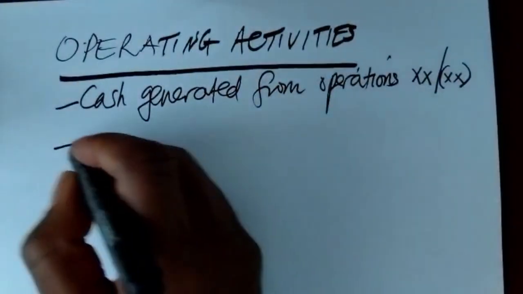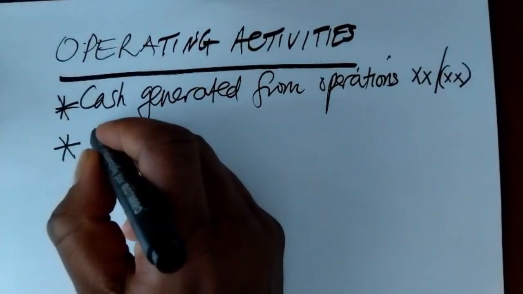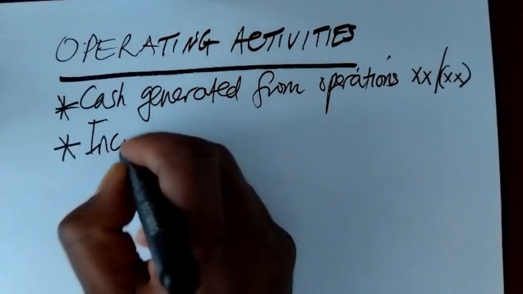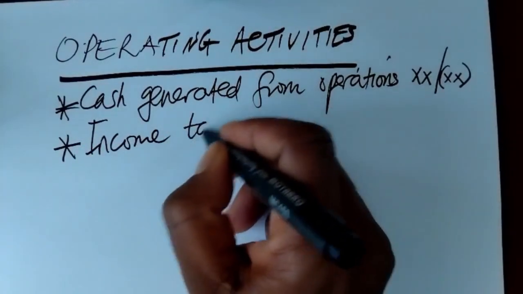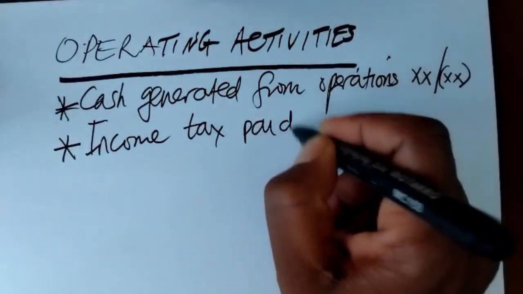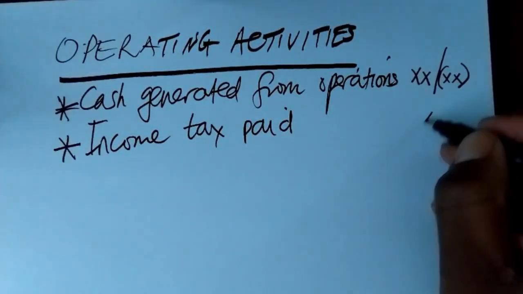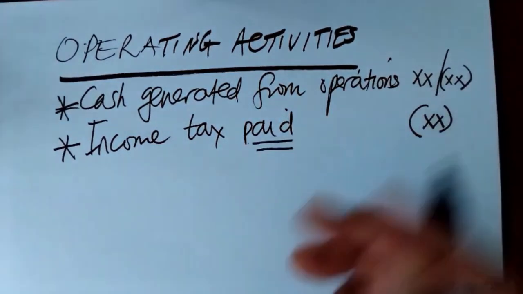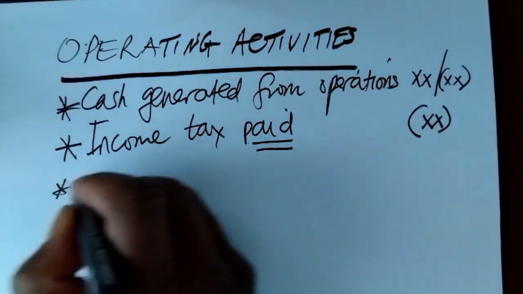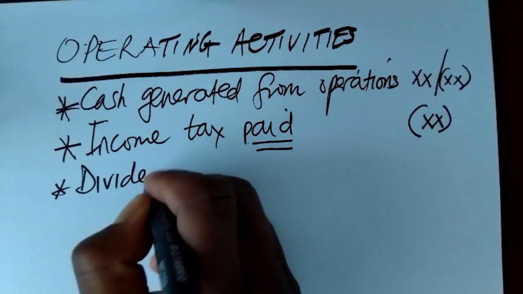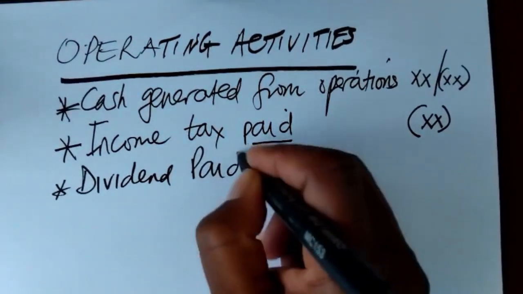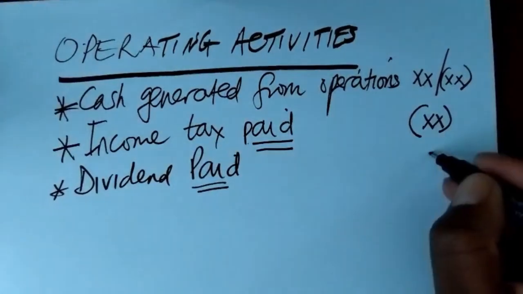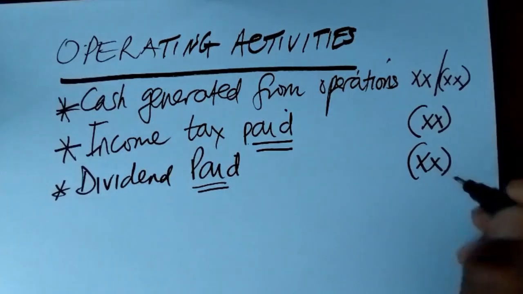And then you're going to have number two, income tax paid. Now, this will always be negative because of the word paid. Then you're going to have dividend paid. So your dividend paid as well will always be negative.